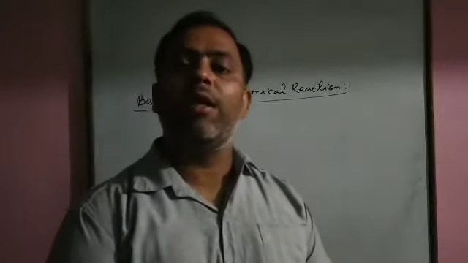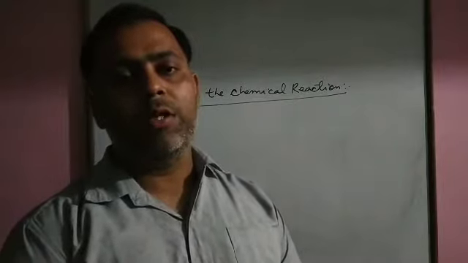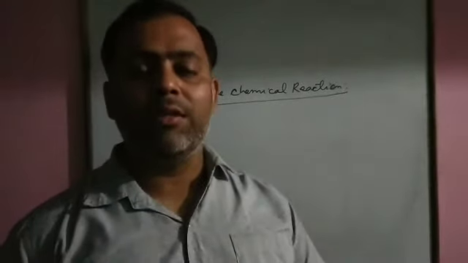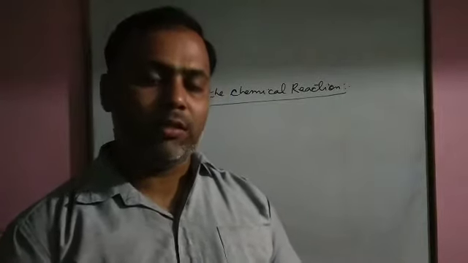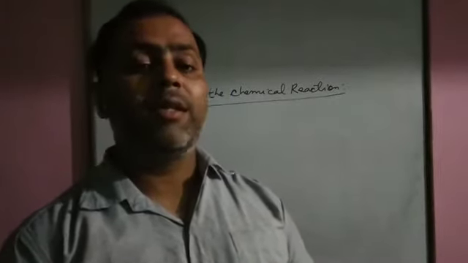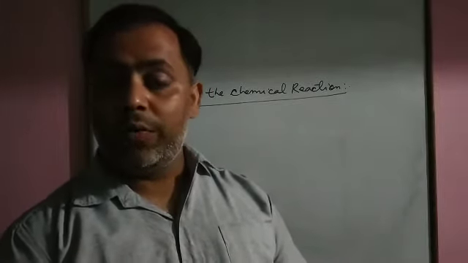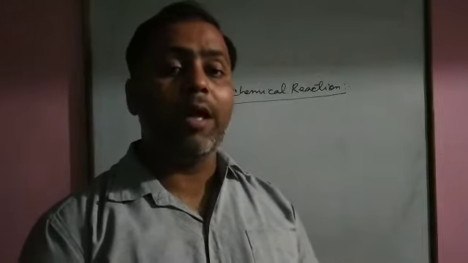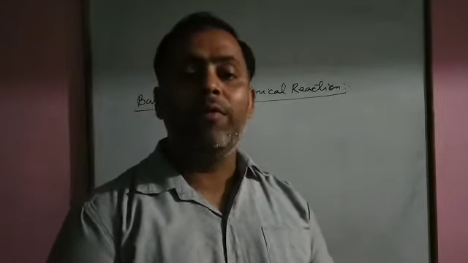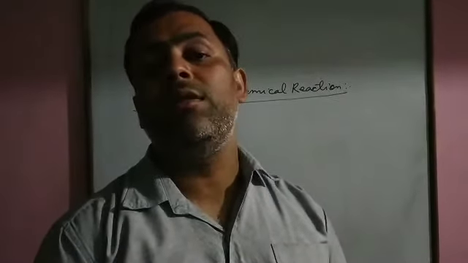As we have studied in class 9, atoms can never be created nor destroyed. In another way, during a chemical reaction, mass is conserved. It means mass can never be created or destroyed. If it cannot be destroyed, then during the chemical reaction, the atoms of different elements will remain as such. This is the basis of balancing the chemical reaction.